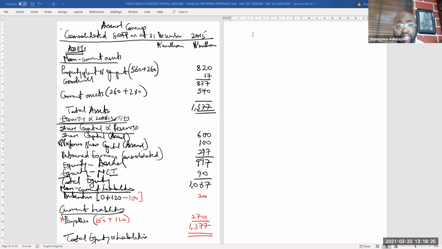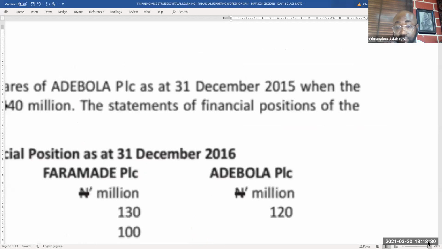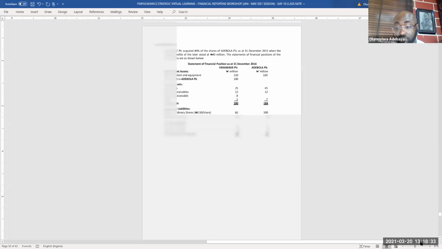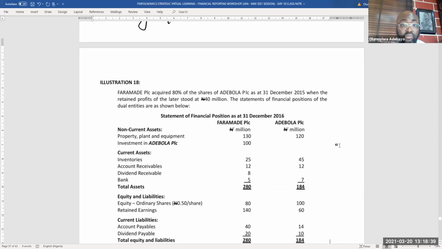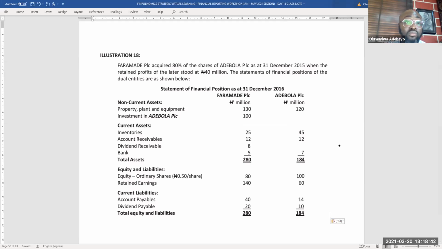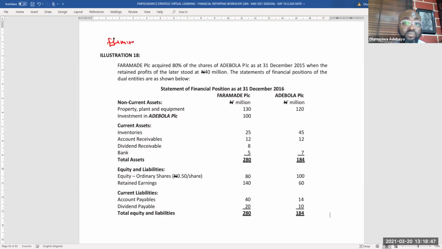I want somebody to read this question out. Elimination of dividend balances across the group.